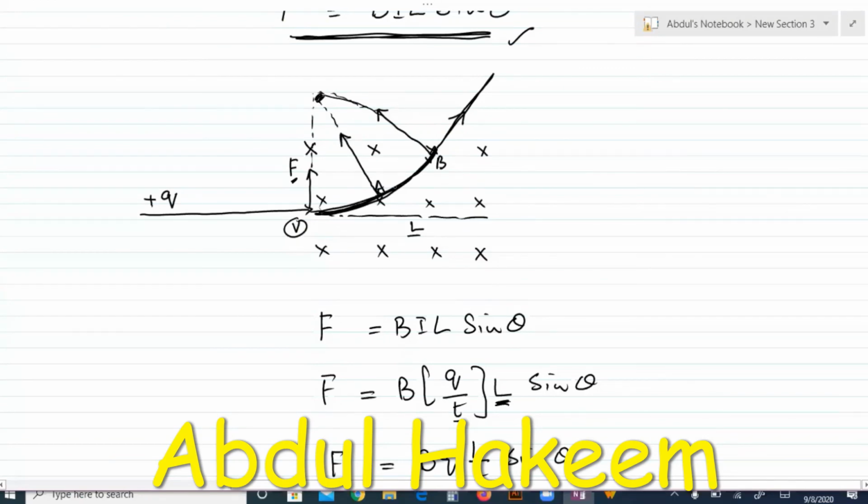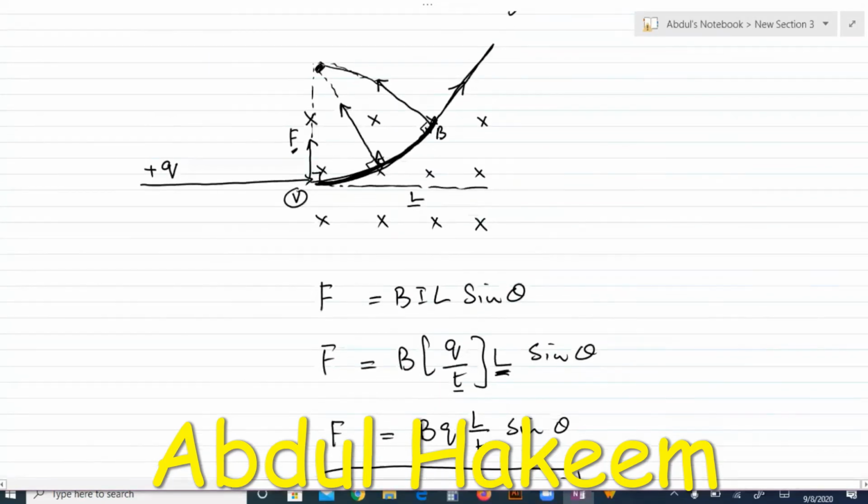So this part of the motion is circular because the force is perpendicular to the path of the moving charged particle. When the direction of the force is perpendicular to the direction of the motion, that is called circular motion. It means when the charged particle enters the magnetic field, it experiences force and follows circular motion.